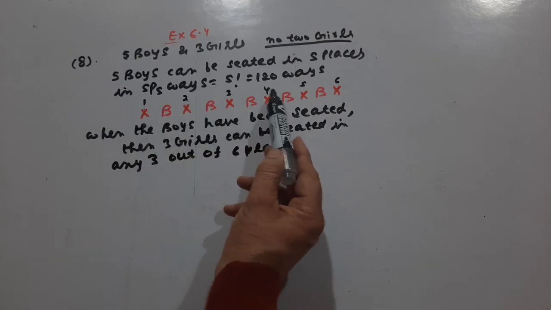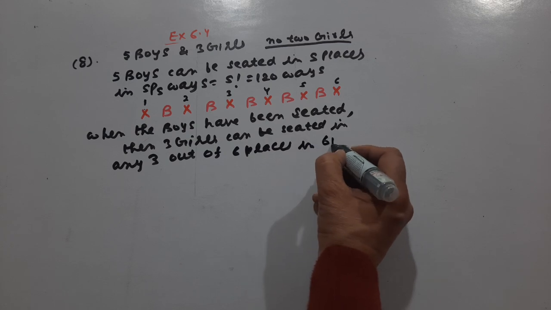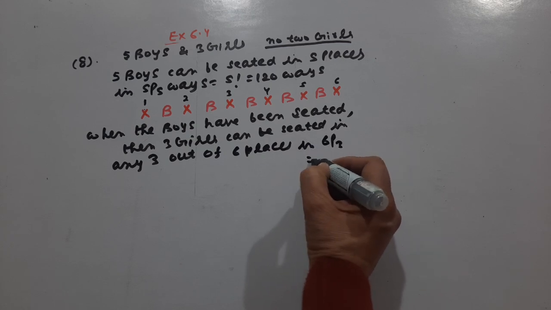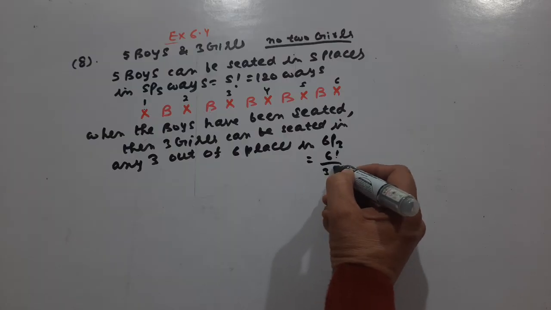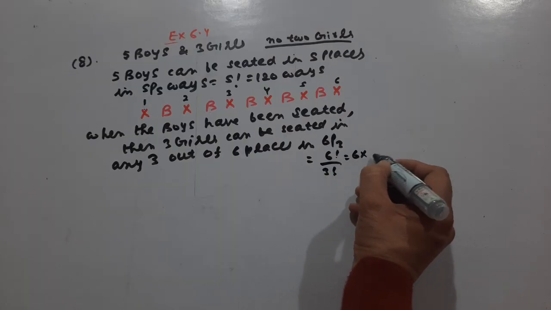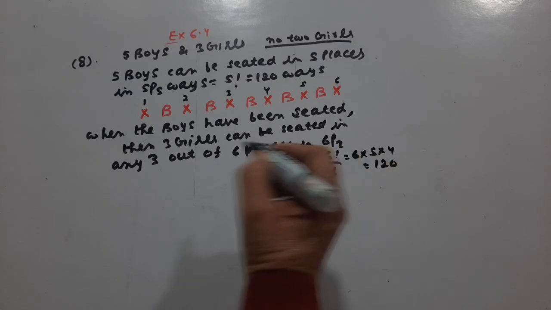1, 2, 3, 4, 5, 6, in 6P3 ways, and 6P3 is equal to 6 factorial upon 3 factorial. So this is equal to 6 into 5 into 4, which is equal to 120.